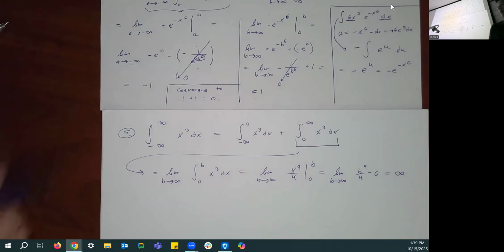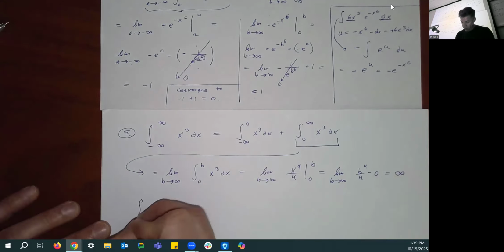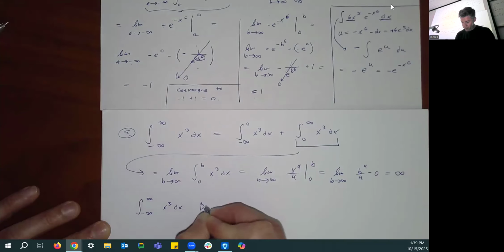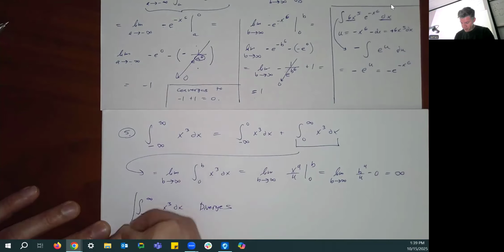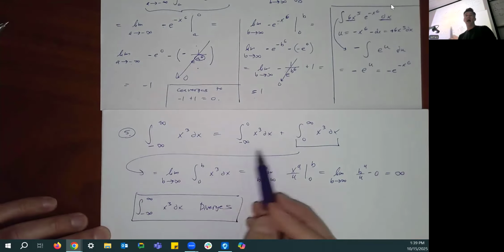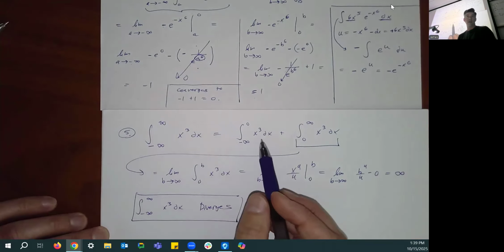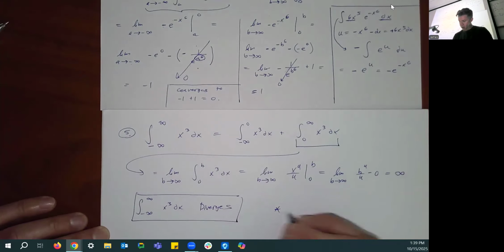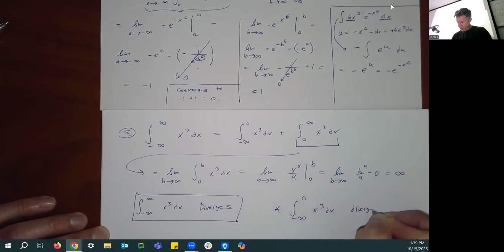And really, that's where we should end this conversation. We say, cool, one part diverges, the whole thing diverges, we're done. So the whole integral does diverge. Now, if you want to say more, or at least think more, I will point out the other half of this does diverge to negative infinity. So it should be noted here, the integral from negative infinity to 0 of x cubed dx diverges to negative infinity.